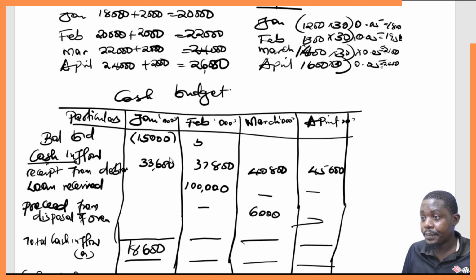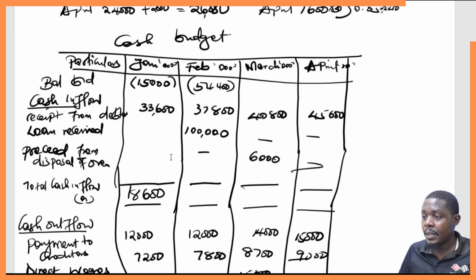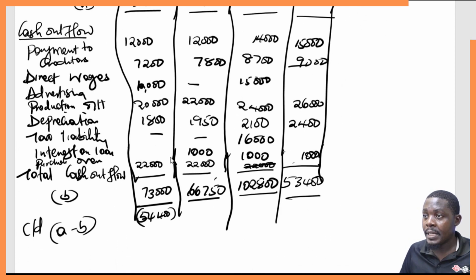Now this one we have to add 37,800 plus 100,000. Have 83,400. Now 83,400, we minus the outflow, minus 66,750.